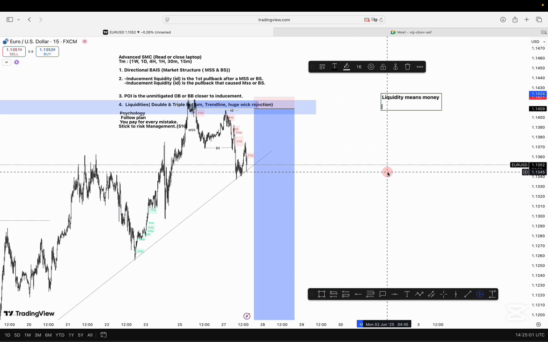And types of liquidity, we have trend line liquidity.